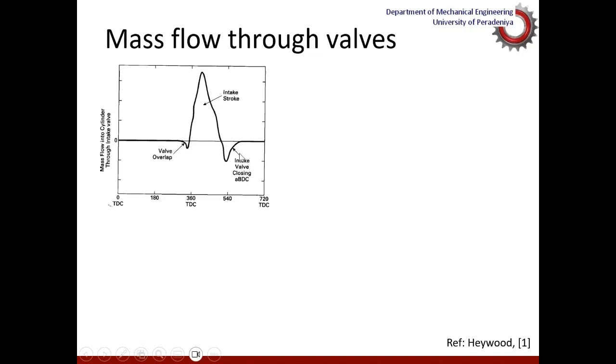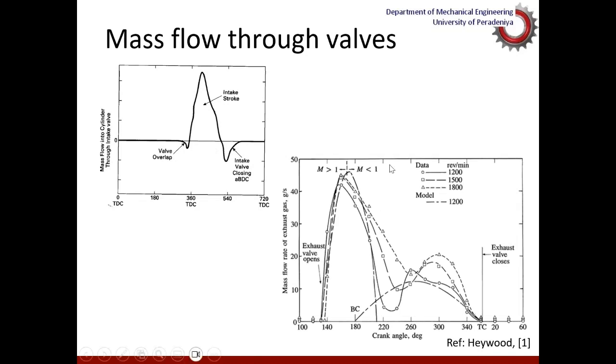At the same time, as we looked at earlier, usually the intake valve is kept open beyond the bottom dead center. Then at low speed and low load conditions, there can be backflow. That is, intake gas comes back to the intake manifold due to the increase of pressure inside the cylinder. So there can be some backflow over here as well. This is a typical variation of mass flow rate with the intake valve opening.